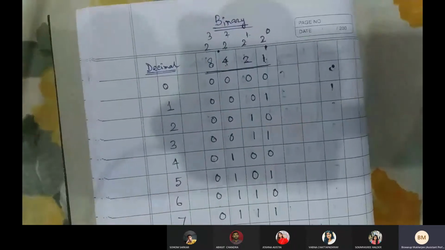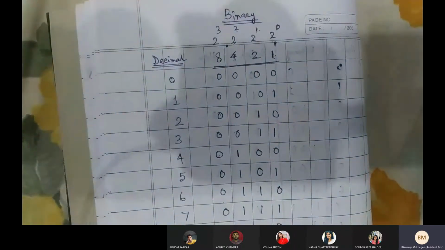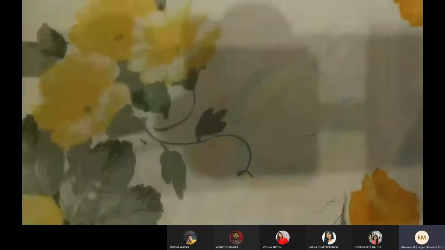And I have mentioned that you should remember this 0 to 15, because these are the most popular binary bits in terms of digital electronics. You have to use this in multiple areas while studying digital electronics.